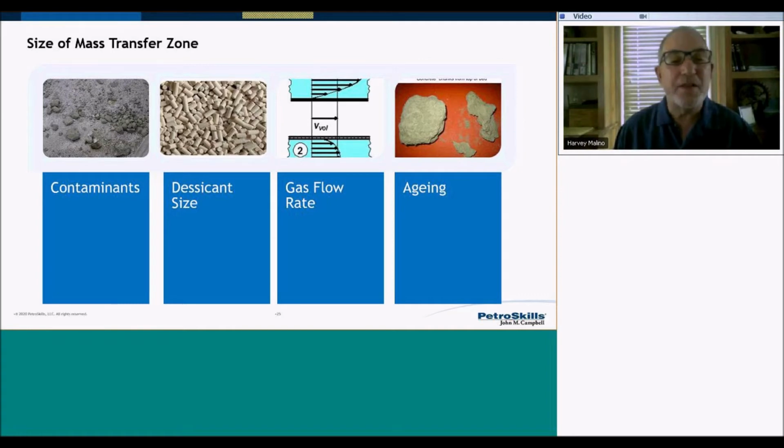The second thing that will affect your mass transfer is the size of the desiccant. Remember, we said they come in either 3 millimeter diameter or 1.5 millimeter diameter. The larger the desiccant size, the bigger the mass transfer zone. Well, great. Why don't I then use smaller diameter pellets or beads in all my units?